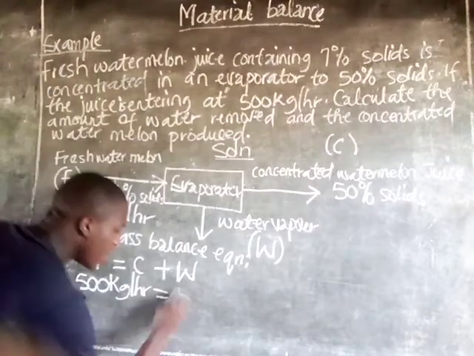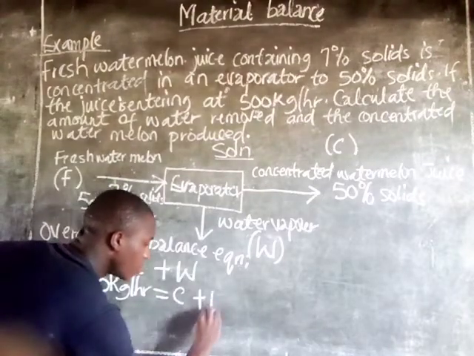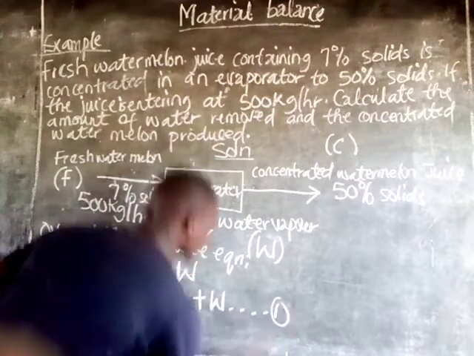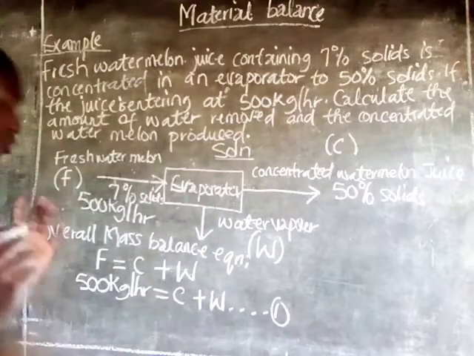So this now is equal to C plus W. We call this our equation 1.